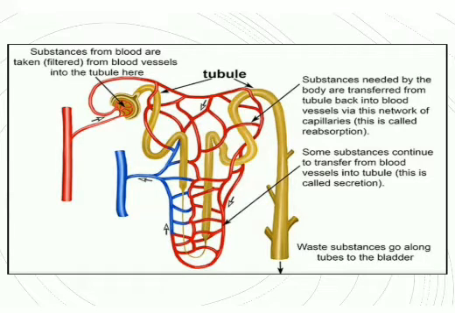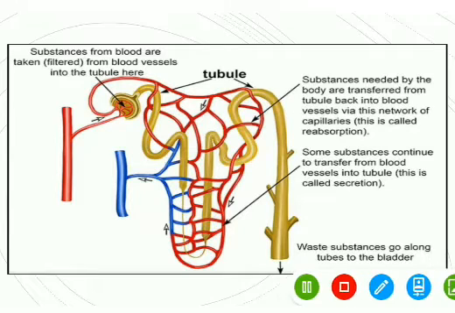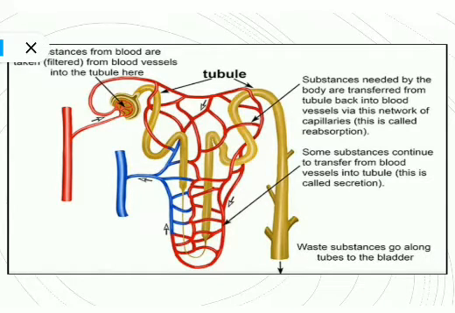Here you can see ultrafiltration. The substances from the blood are filtered from the blood vessels into the tubule. The glomerulus means a cluster of blood vessels, and in it ultrafiltration happens.